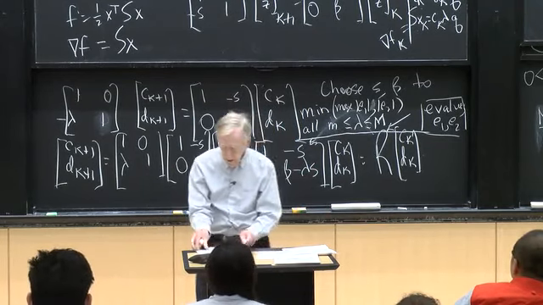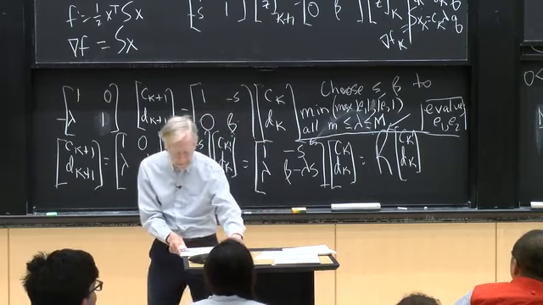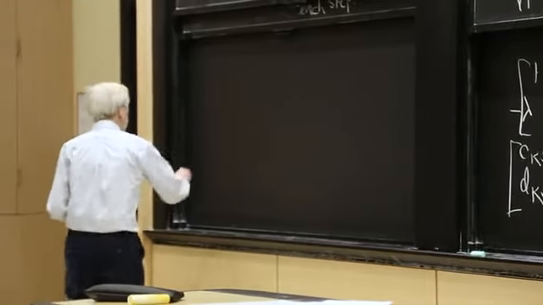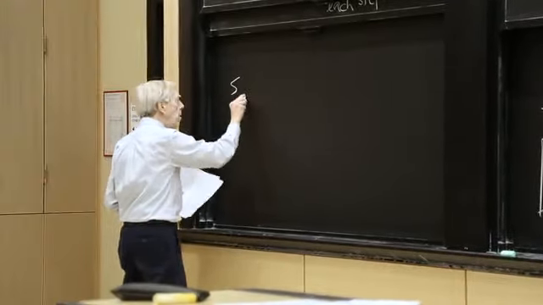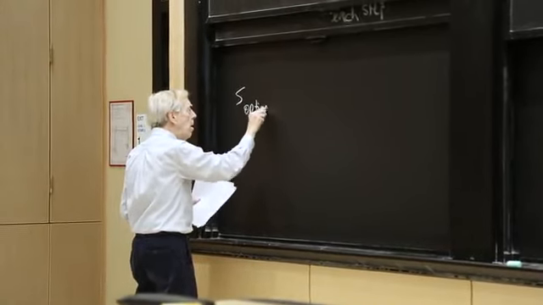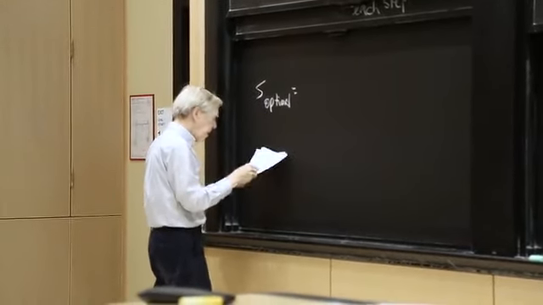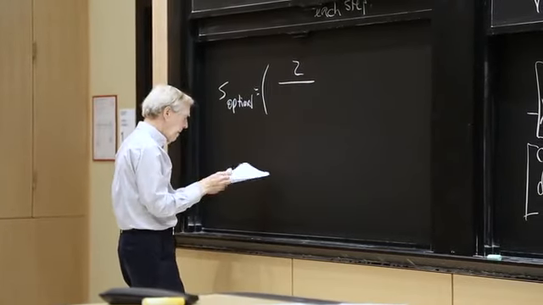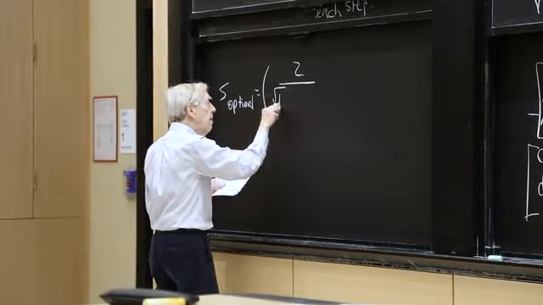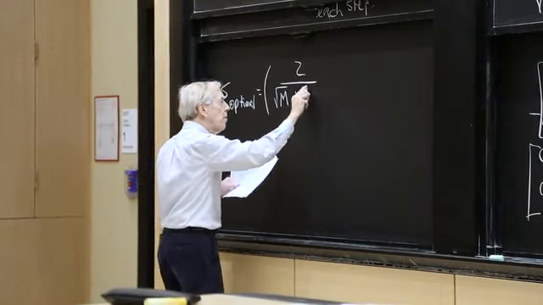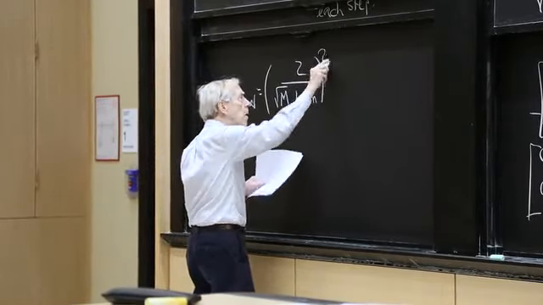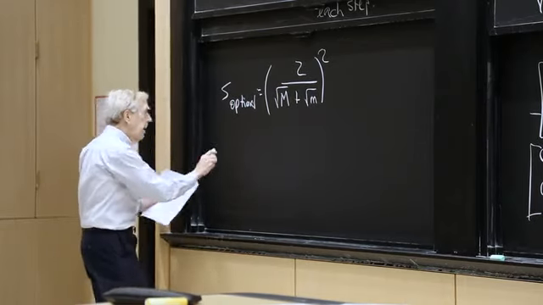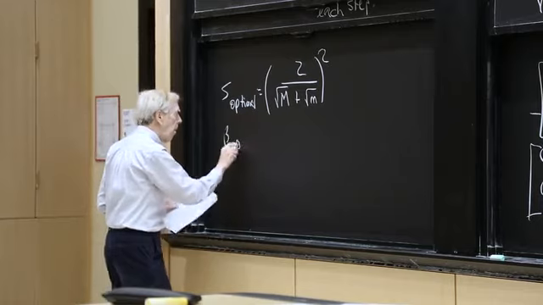Okay, so the best S, the S optimal, has the formula 2 over the square root of lambda max, that's the square root of M, and the square root of m squared. Amazing.